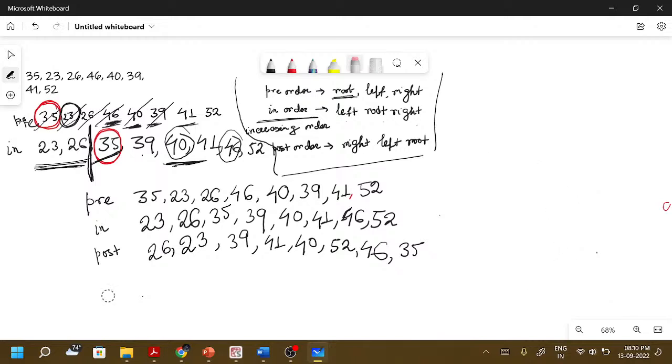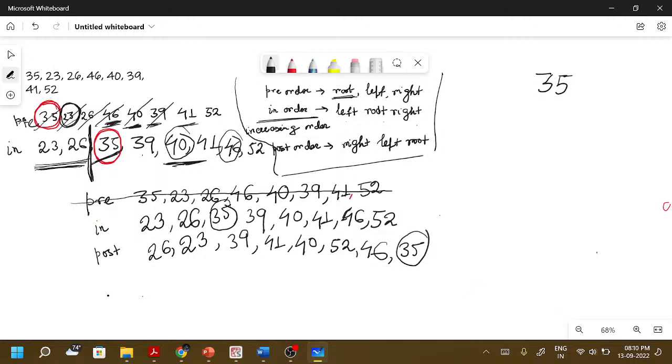So we don't have the pre-order here. We have the post order and the in order, right? So in post order, it's a similar way, we just have to go to the opposite side. We know the root, so we have got the root.